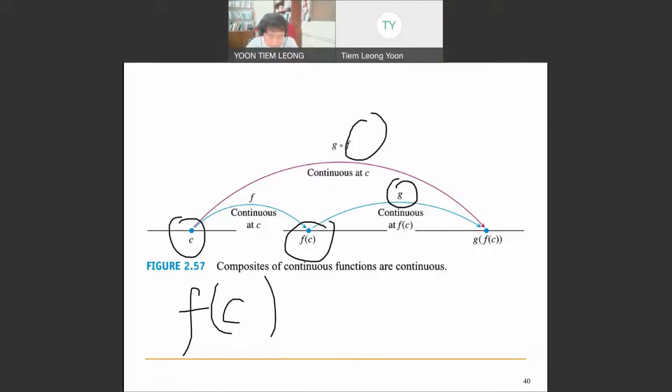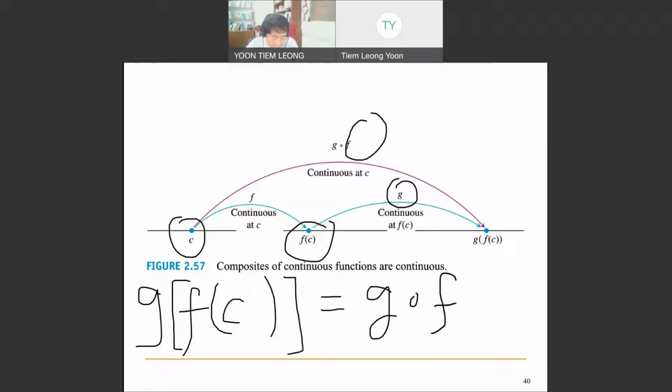The g will take the value f(c) into a new function, and the value of this new function is defined as g composed with f, operated on c. When you write down these statements, you have to have a clear idea in mind that the procedure of calculating this number comes in a stepwise manner.